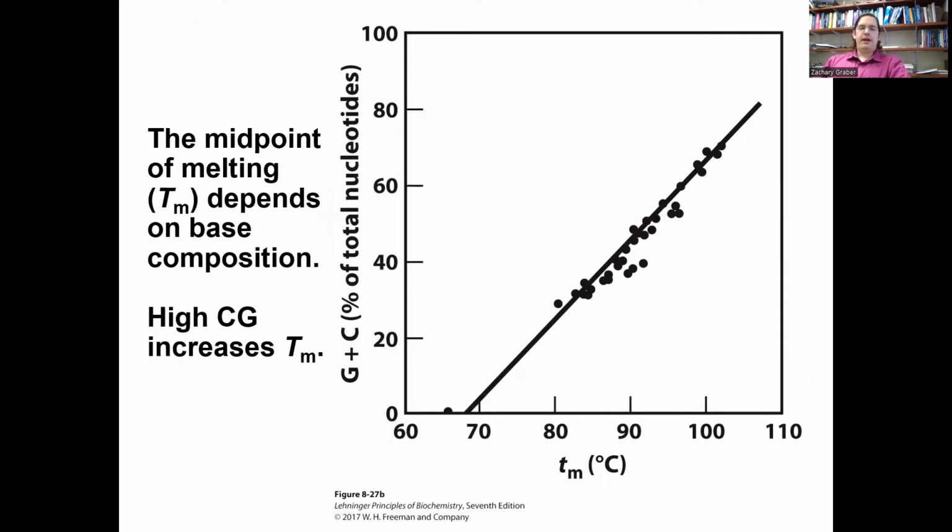The third key factor that affects our melting point is actually the base composition of our DNA. So if we have a higher GC content, we'll tend to have a higher melting temperature.